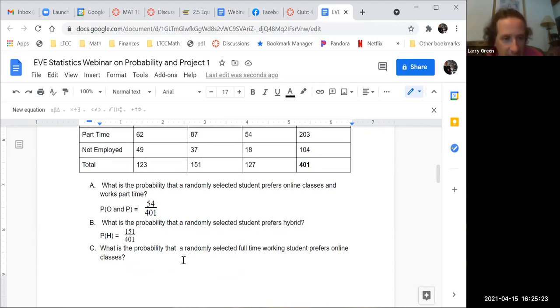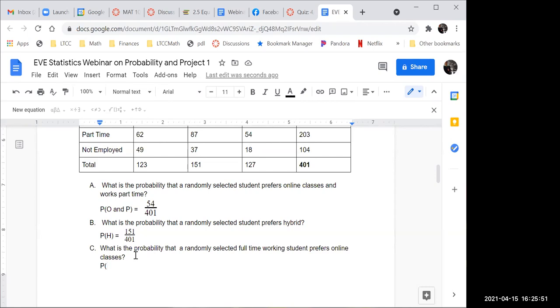Okay, let's do part C. What is the probability that a randomly selected full-time working student prefers online classes? All right, let's do symbols first. So what's that the probability of? Online given working full-time.